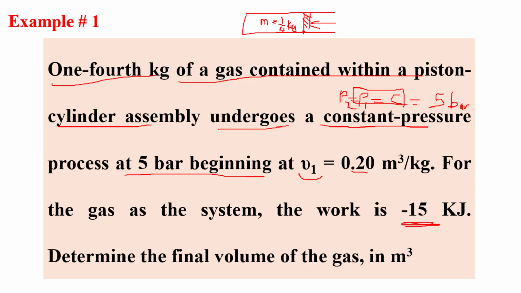Okay, so we'll see whether V2 is greater or smaller. It should be smaller because we have minus. Determine the final volume of the gas in meter cube. So we need volume, we don't need specific volume, V2. Let us move to the solving board.